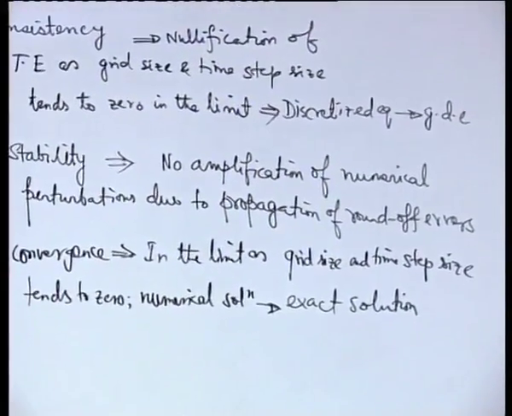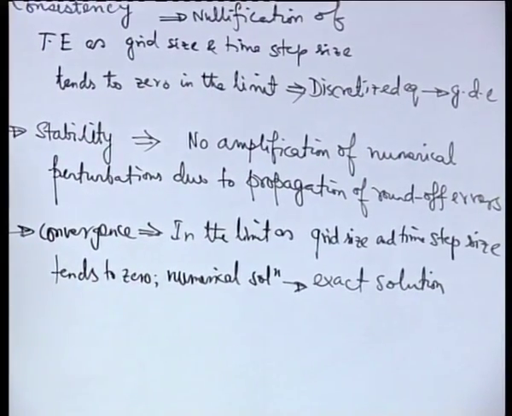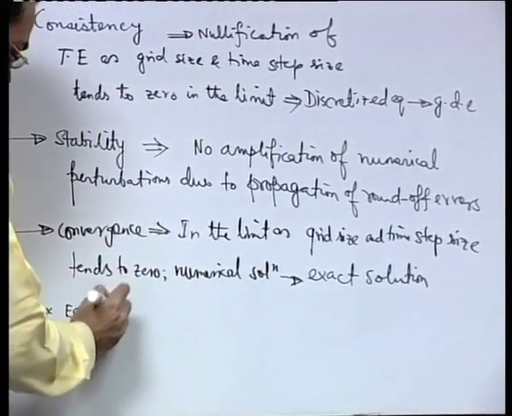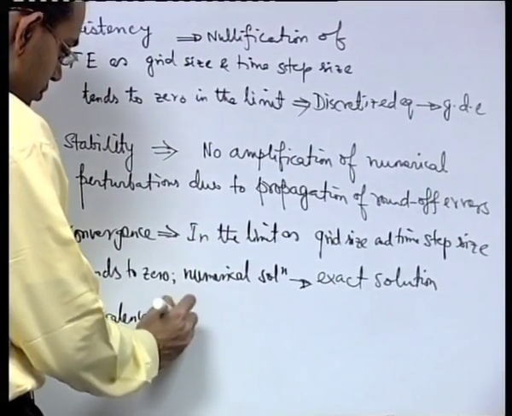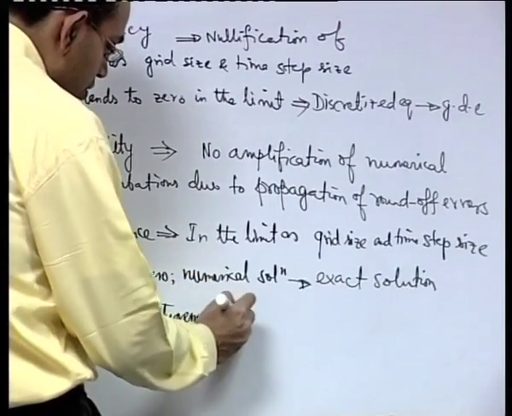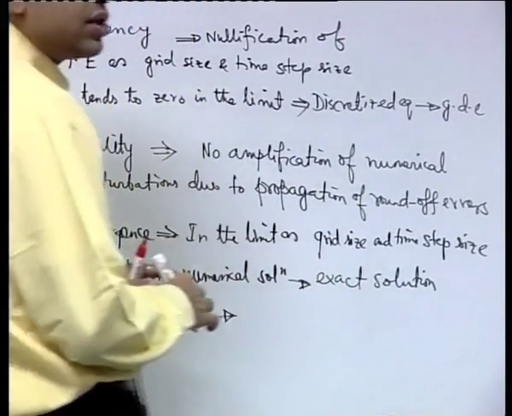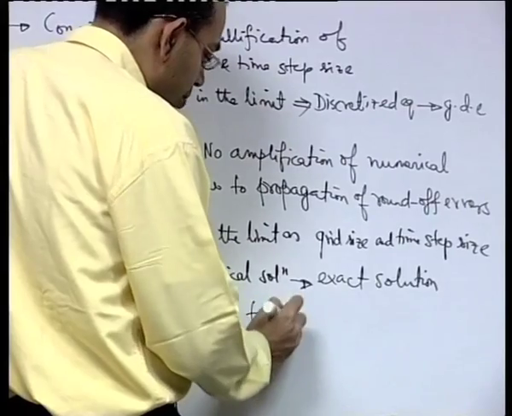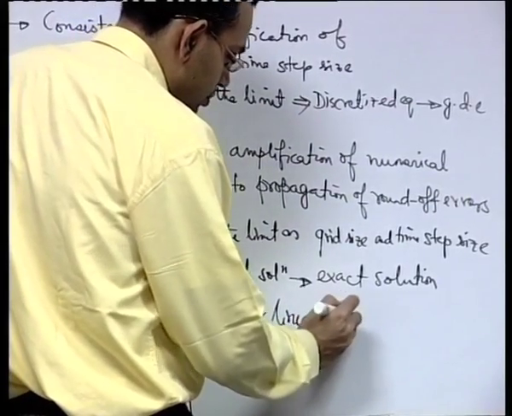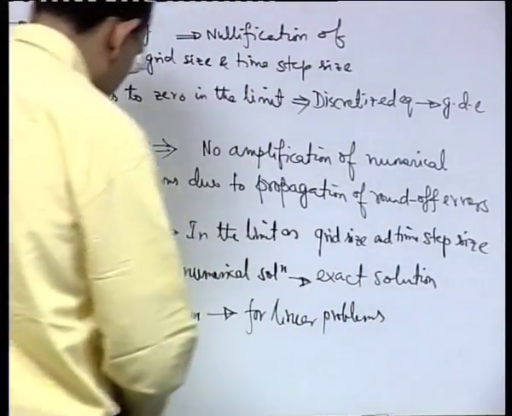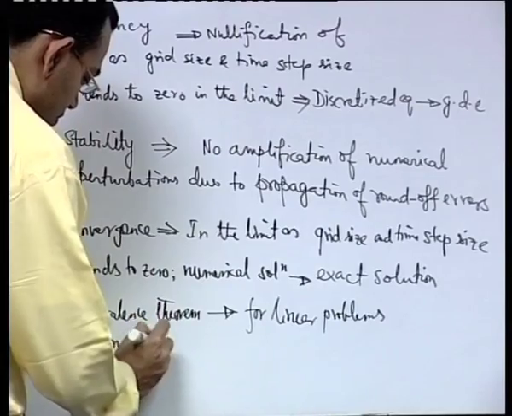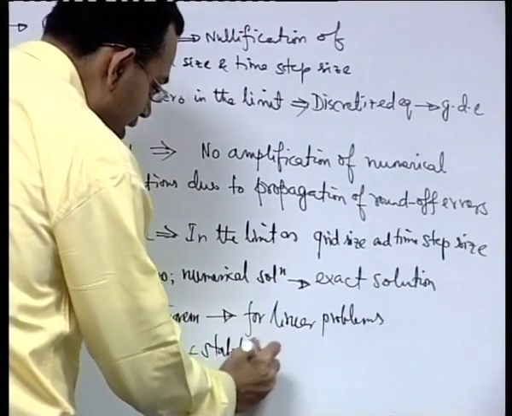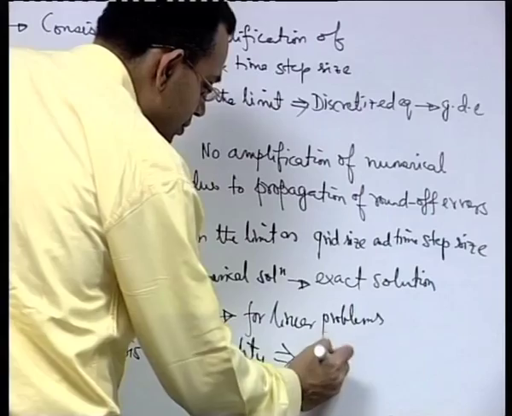Now there is a very important theorem which is known as the Lax equivalence theorem, which states that, I am not going to state the theorem in a very formal way, but which essentially means that for linear problems, consistency plus stability, if you can ensure these two, this will automatically ensure that there is convergence.